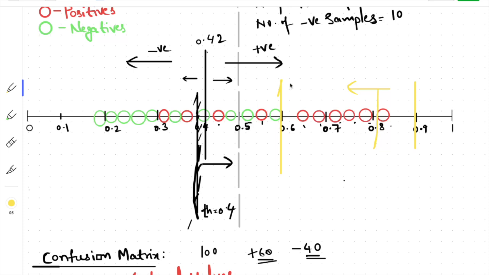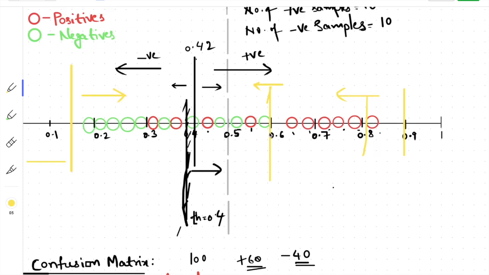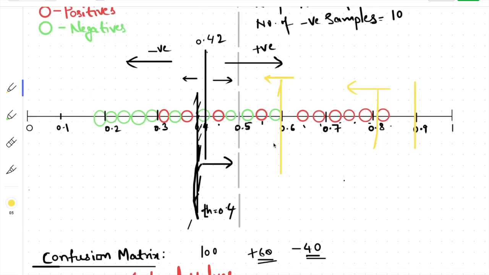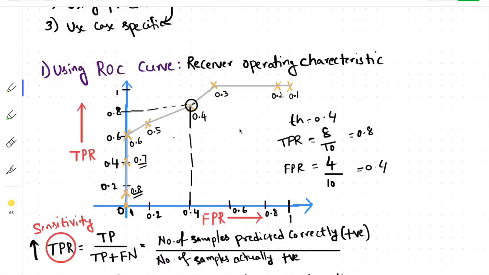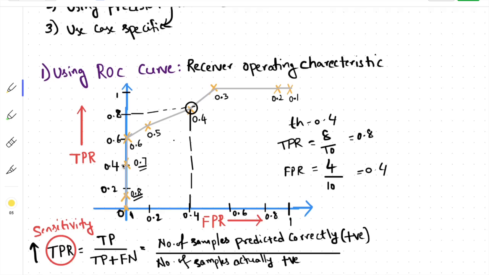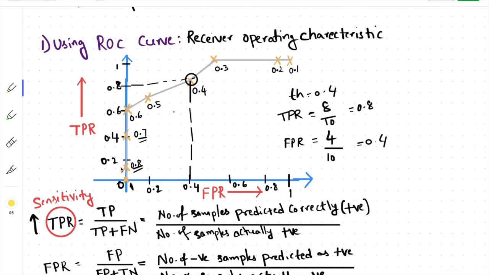But the moment we keep moving the threshold to the left, we will be adding some false positives to our prediction. So in that case, the false positive rate would keep rising. If you want to increase the true positive rate to the maximum, then we need to sacrifice some false positives. So we would be getting some false positives as well. So the ideal case is we want to maximize the true positive rate, but at the same time we don't want a lot of false positives either.